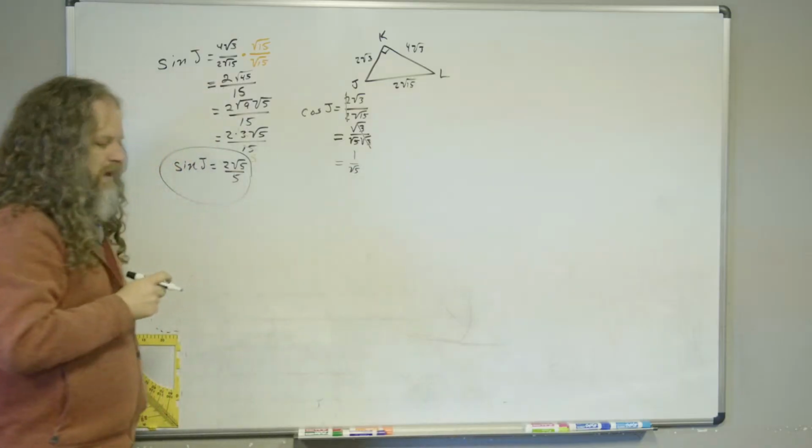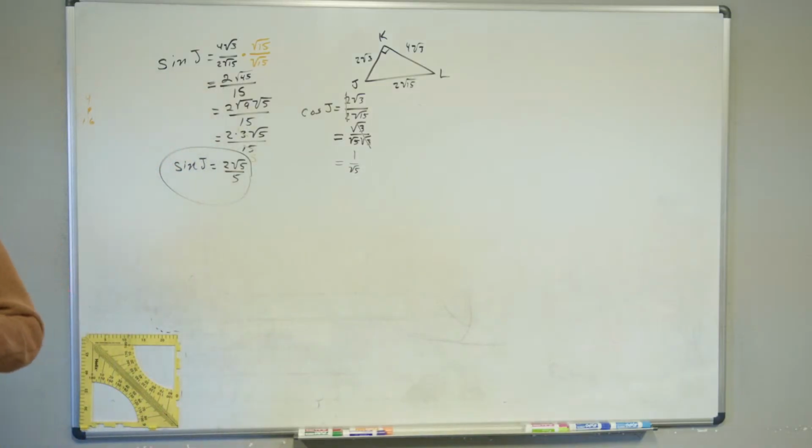How do we get the square root out of the denominator? Multiply by what? Not 15. Not 5 either. It's the square root of 5.